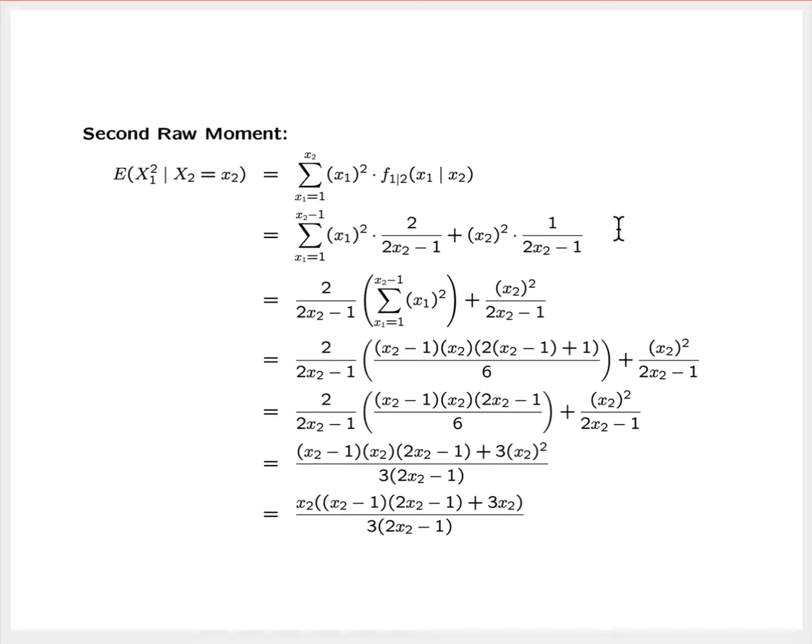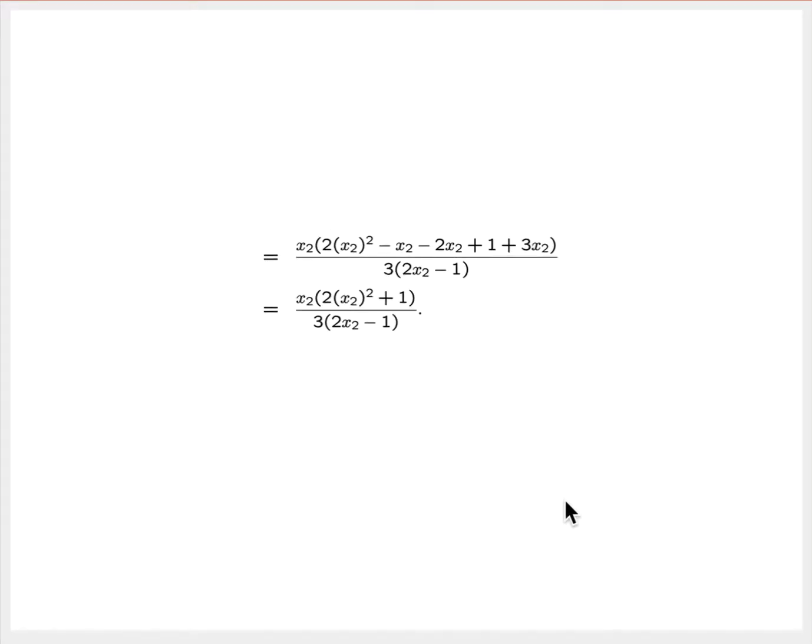We then utilize a similar decomposition of the sum, and then going through some computations, some algebra, we end up getting the expression x2 times the quantity 2 times x2 squared plus 1, all over 3 times the quantity 2x2 minus 1.